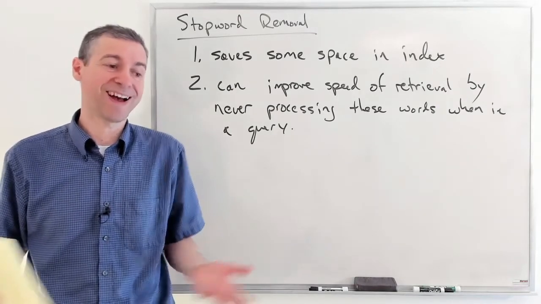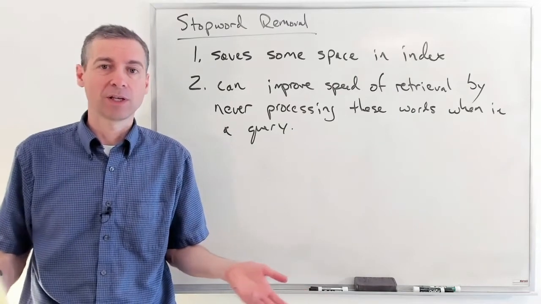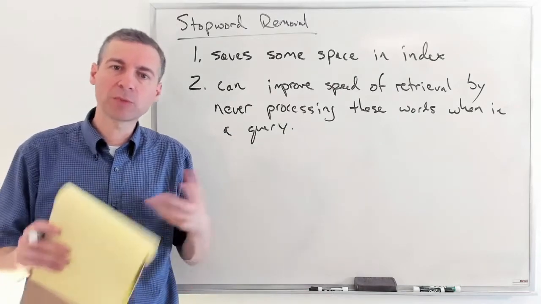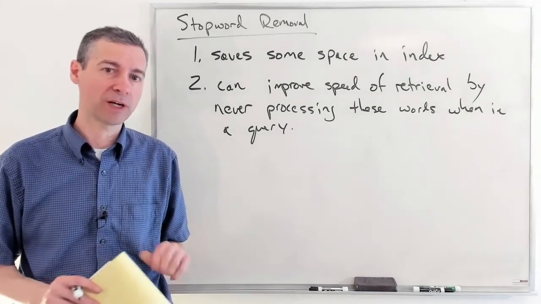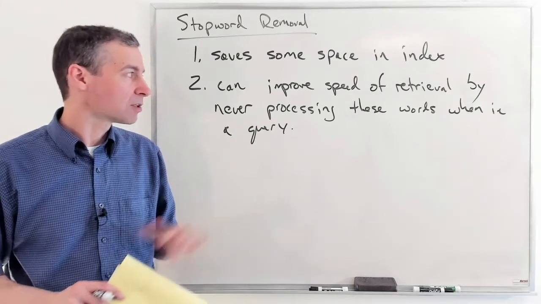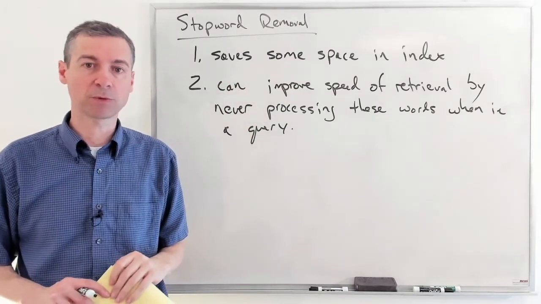Our goal is not to actually have to compute a score for every document in the collection. We'd like to only compute the scores for the documents that are good candidates that the user might find to be relevant. So this has the real potential to speed up retrieval performance for users.